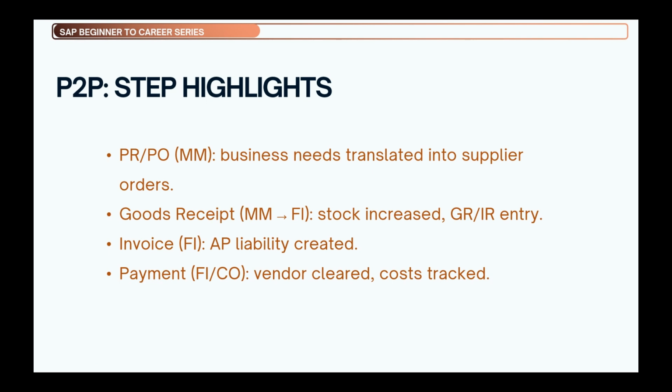And when it comes to the invoice, it's FI, AP liability created. Accounts payable liability is created, and when it comes to the payment, finance and controlling modules are involved. Cost is tracked. Okay, I think now you have an understanding of what integration between modules is.